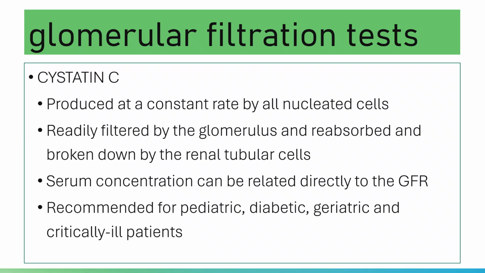Cystatin C is a small protein that is produced at a constant rate by all nucleated cells. It has a molecular weight of 13,359 Daltons. Cystatin C is readily filtered by the glomerulus and reabsorbed and broken down by the renal tubular epithelial cells.